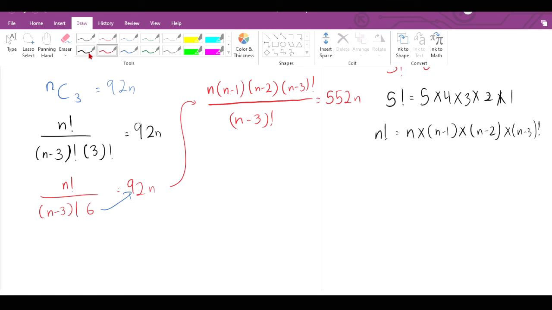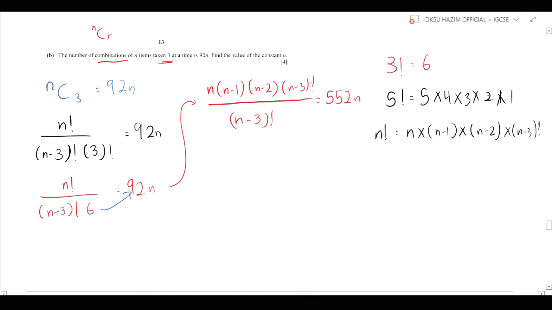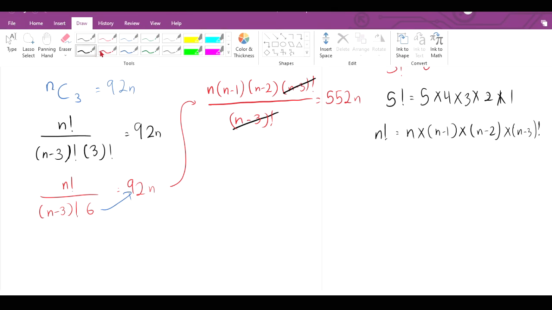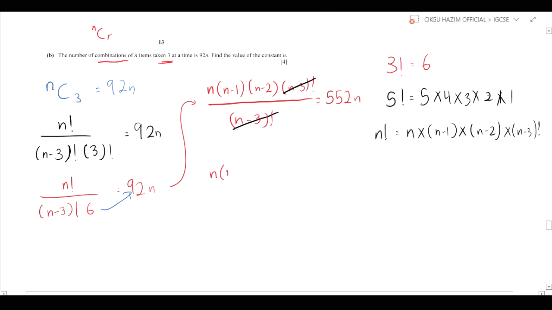From here you can see that I can simplify the n minus 3 factorial. I can cut it out. So what I have here is n minus 1, n minus 2 equal to 552n. From here you can solve the equation.